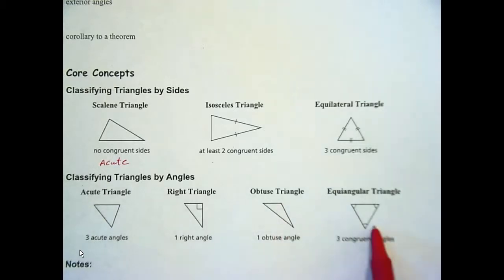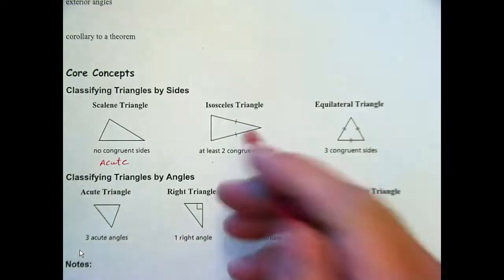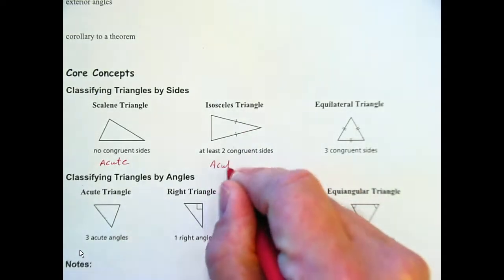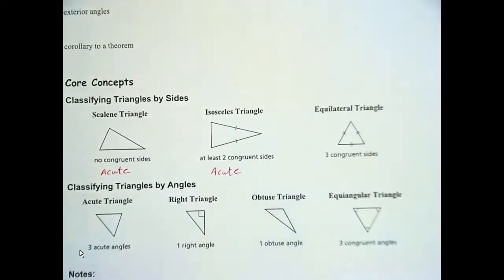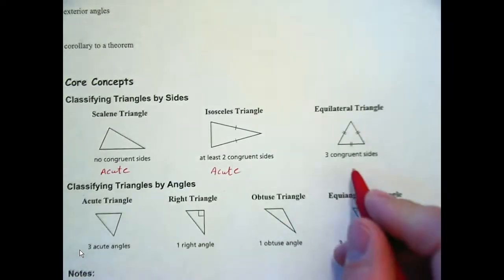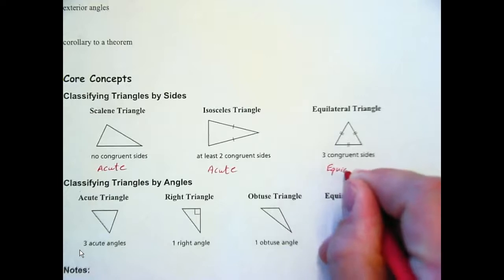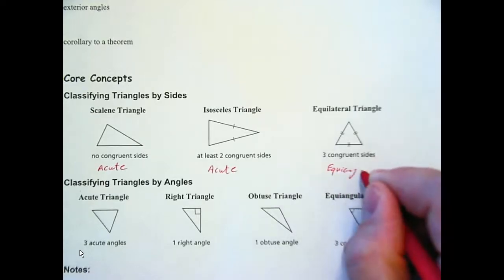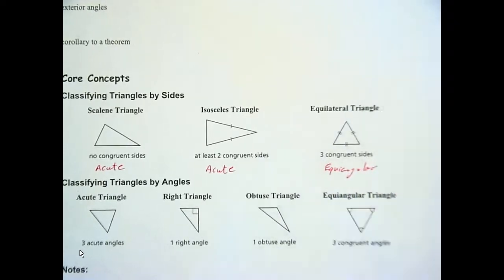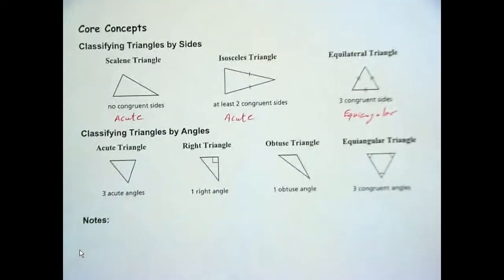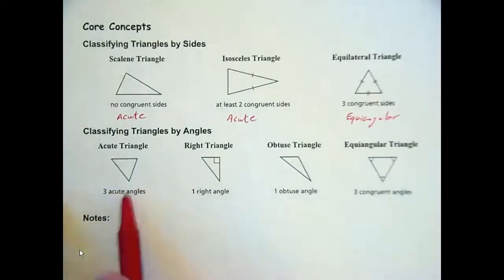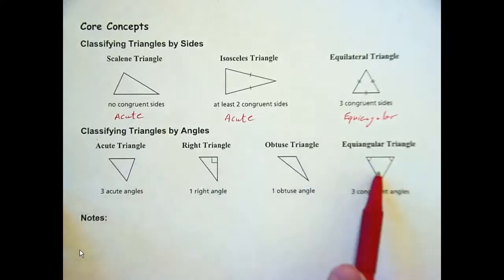Would it be equiangular? All equal. So only leaves acute. All are equal angles. And Cynthia, what would we call this one? Equiangular. That's a cool word. Equiangular. Very good.